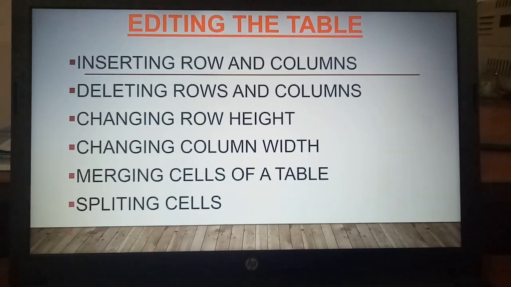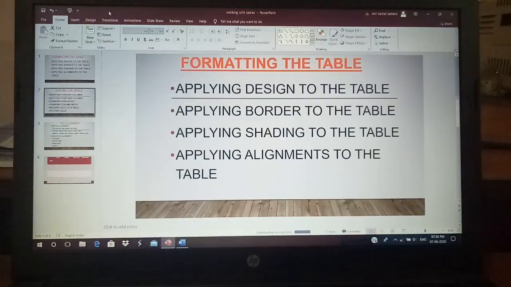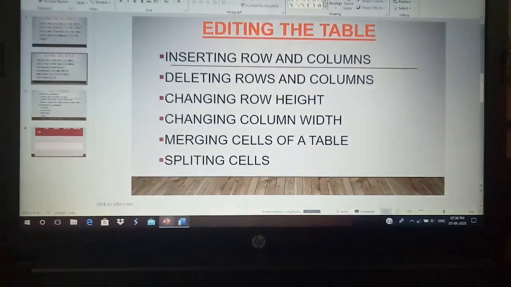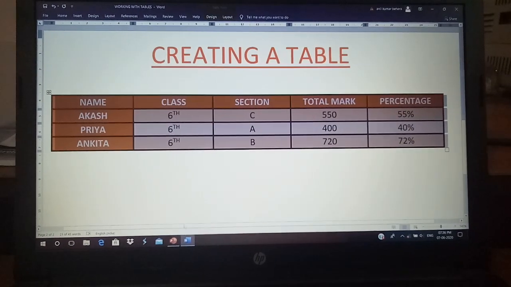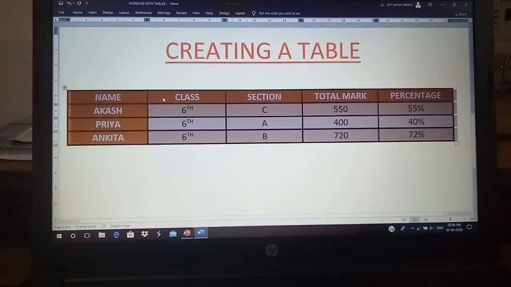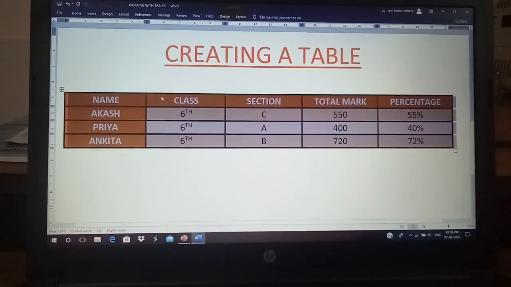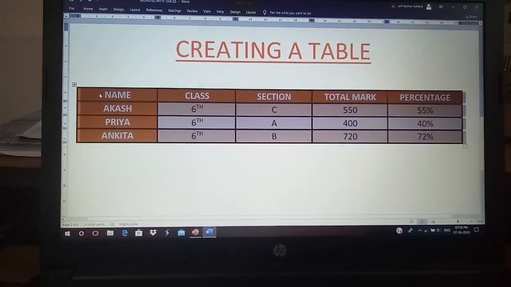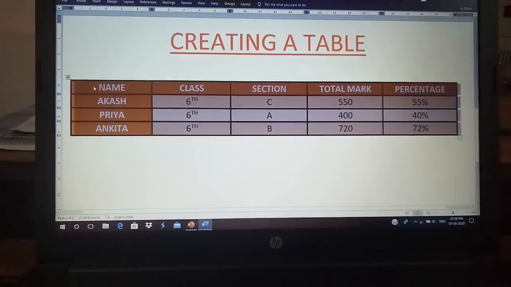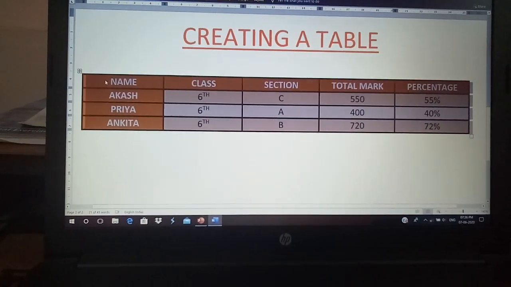First is inserting rows and columns. This is the table that we have already created. First we will see how to insert rows, then we will see how to insert columns, one after the other.